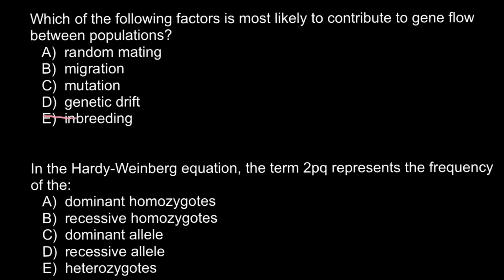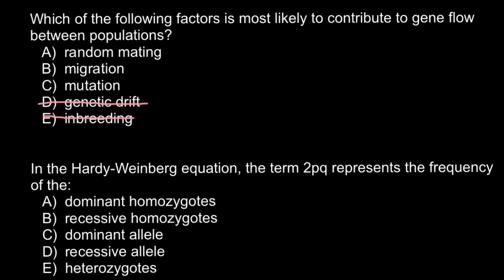So this is not answer E. And genetic drift is a change in allelic frequencies, and this is a result of the gene flow and cannot contribute to the gene flow, so we can exclude this answer also.